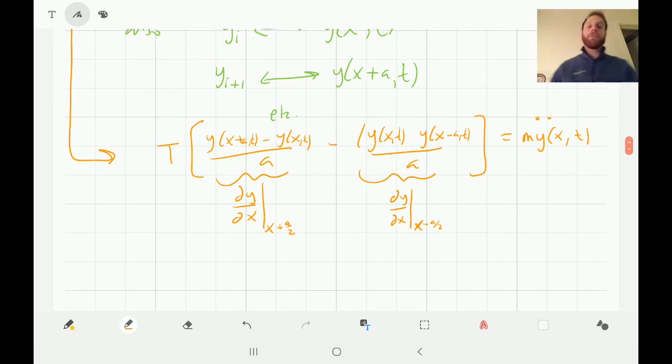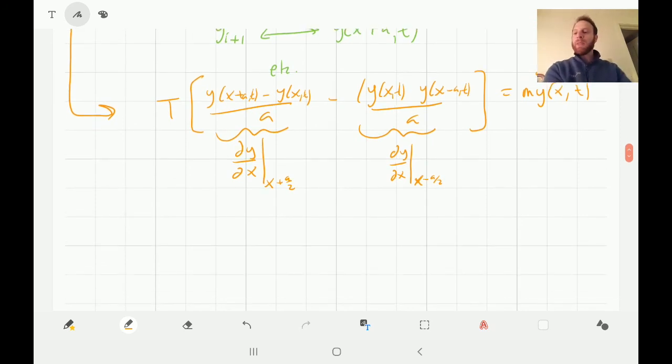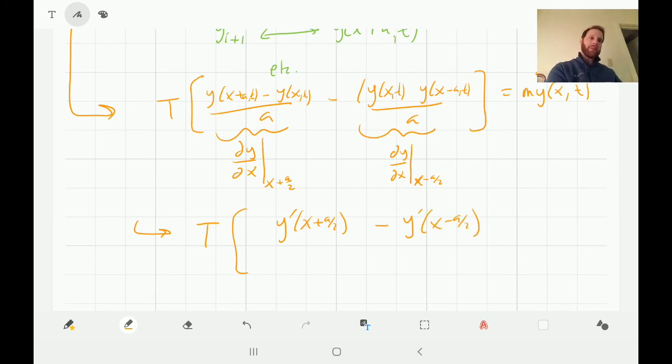We're taking the difference between those two. And so what we can do is then write this as T times, I'll just simplify notation, y prime at x plus a over 2 minus y prime at x minus a over 2. I'm suppressing the fact that it also depends on time.